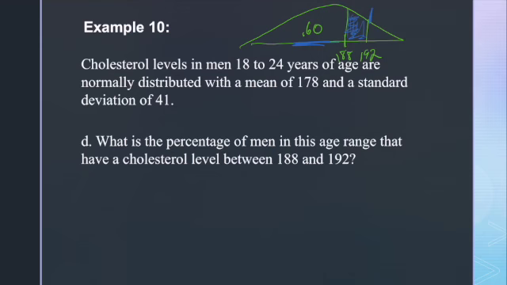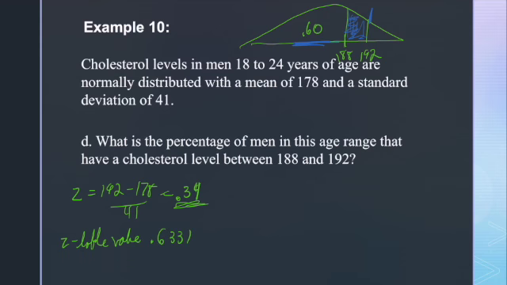The first thing I need to do is calculate the z-score. So I've got z equals 192 minus 178 over 41. That equals 0.34. I'm going to go to my z-table, and I find that a z-score of 0.34 has a z-table value of 0.6331.